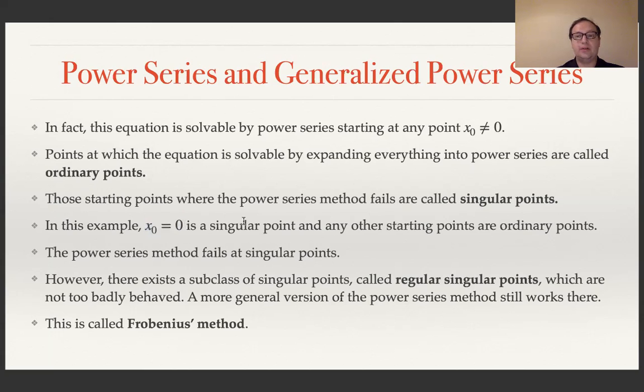However, there exists a subclass of singular points which are called regular singular points, at which we can solve an equation by a more general version of the power series method. Instead of using power series, we'll use something called generalized power series. This is called the Frobenius method.